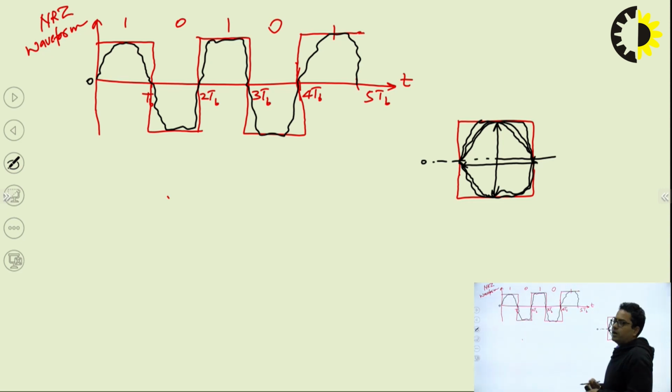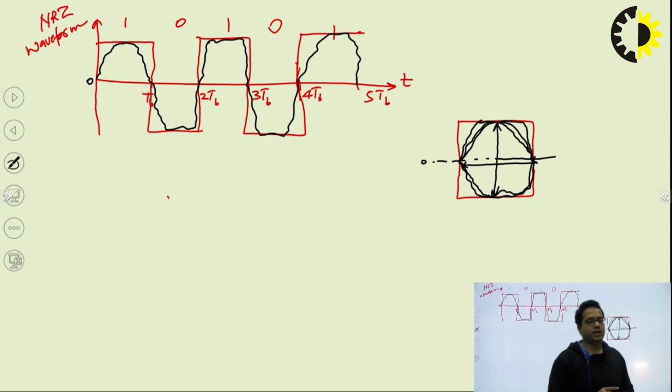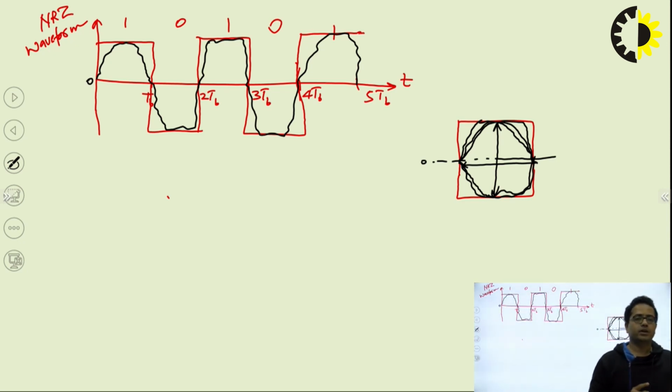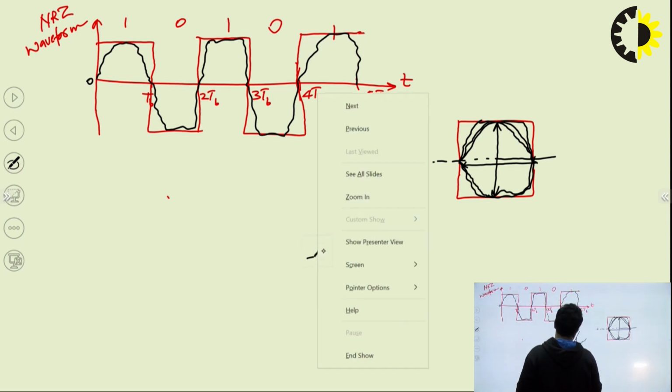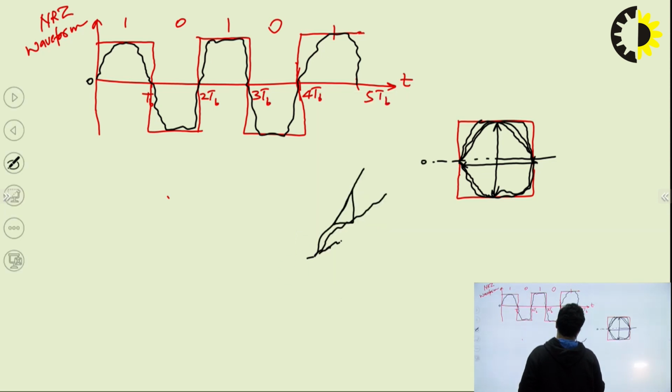The wider your eye is, the lesser will be the effect of the intersymbol interference, and the moment your intersymbol interference starts increasing, the slope of this pattern is going to decrease. Like if suppose that I am having this pattern something like this, so it has a slope, right? So now with the increase in intersymbol interference, it will start decreasing like this, and again this way.